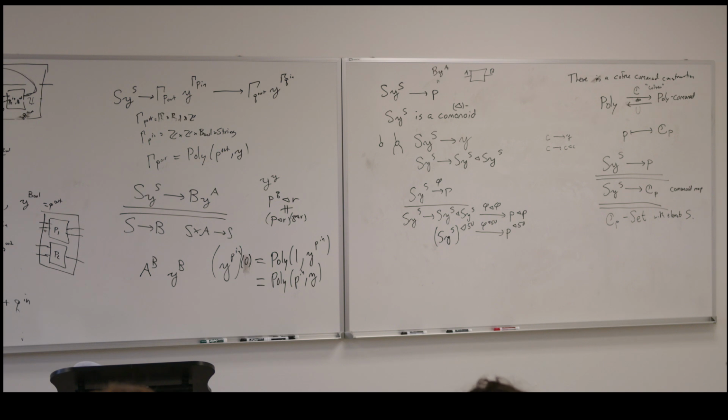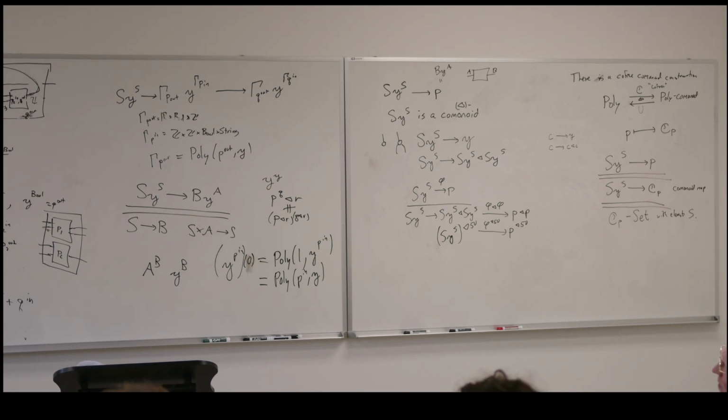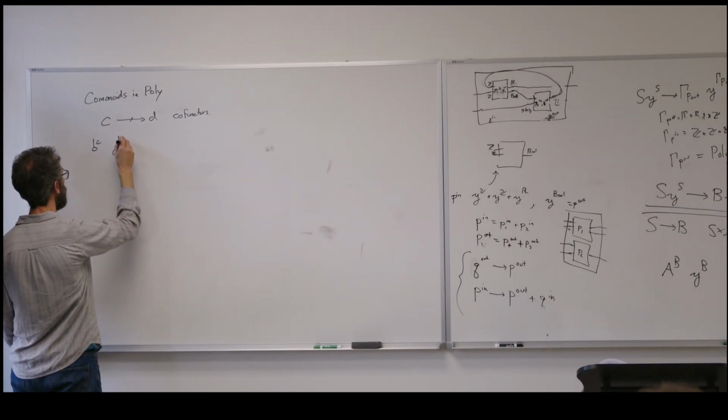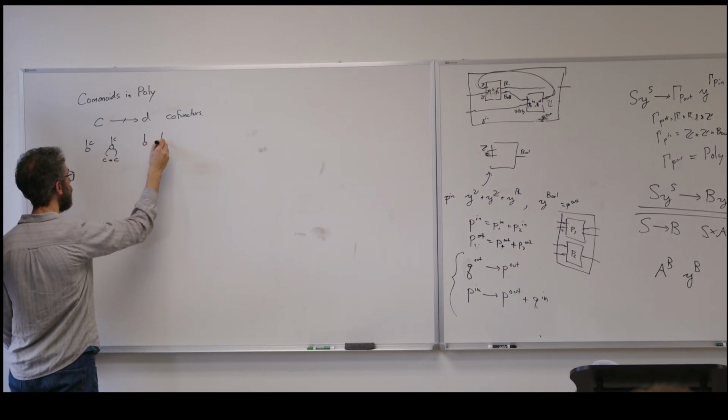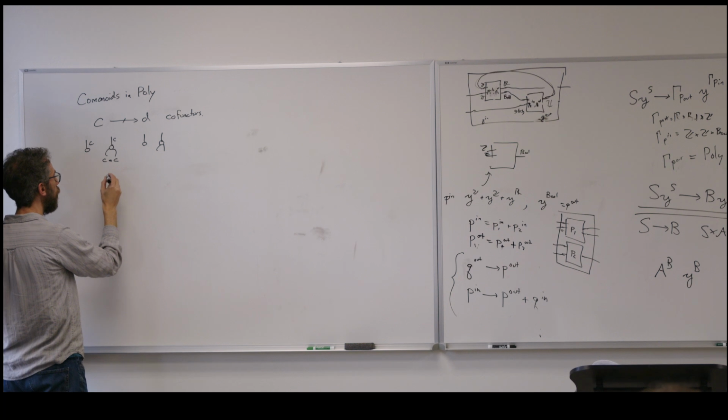So I want to talk about comonoids in poly. We've talked about these before. They're categories, and the maps between them are comonoid maps. You have C with its comultiplication, C to C composed C, and you have D with the same structure, and you can write down what a comonoid map is.